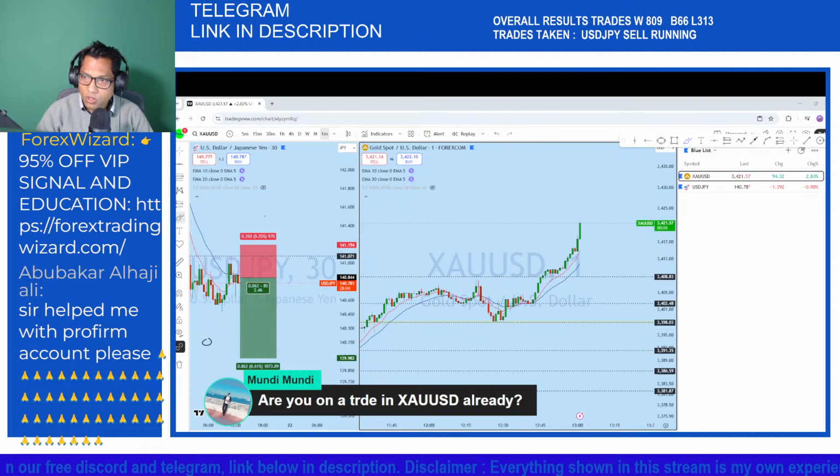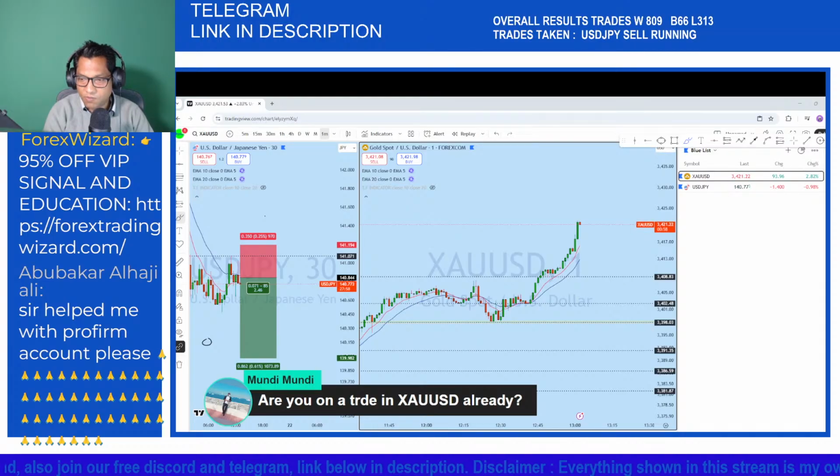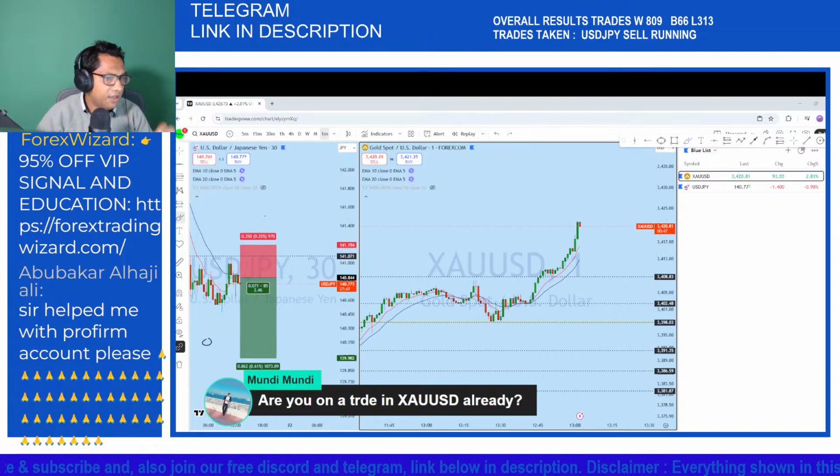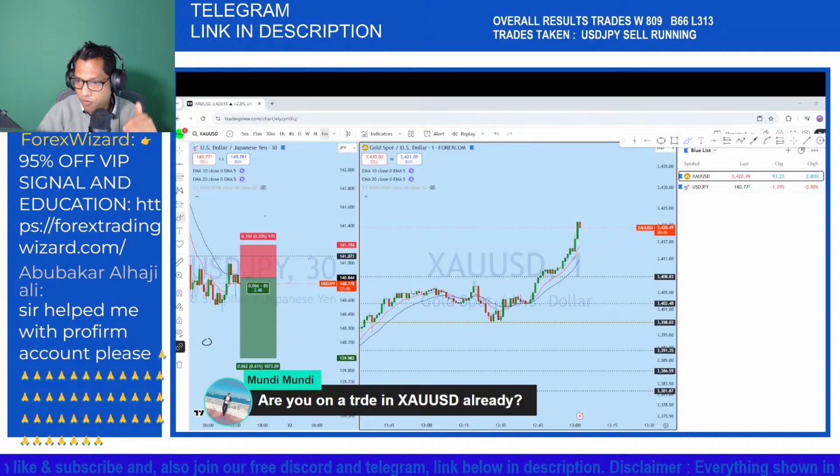We need to look for a trade that is working and then scale up as much as we can. While we are running dollar yen, both of them running in profit, XAUSD has got a TP hit, and we'll keep trading in that way so that we can increase our opportunity in the market.